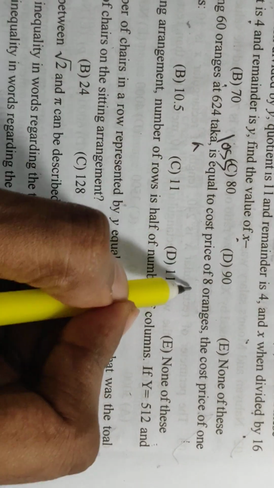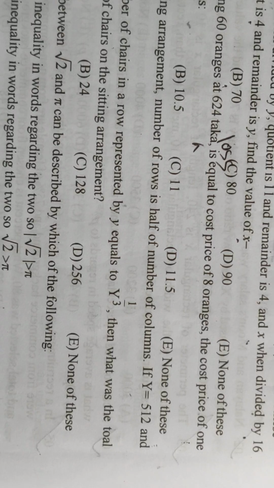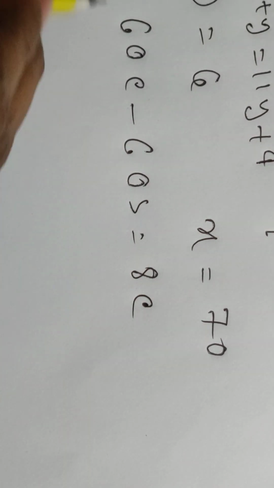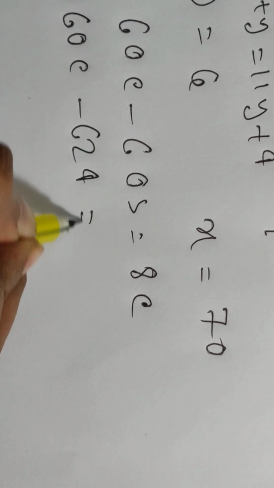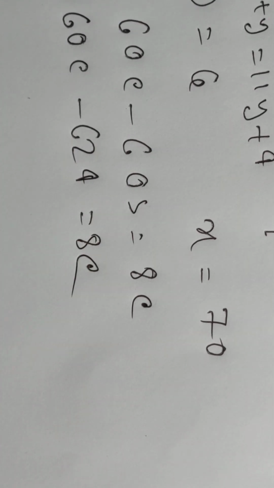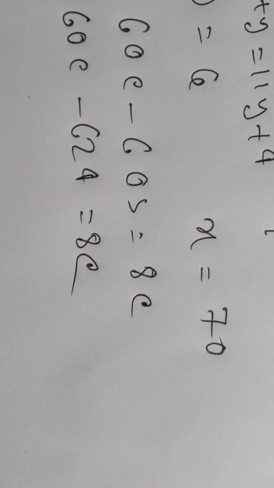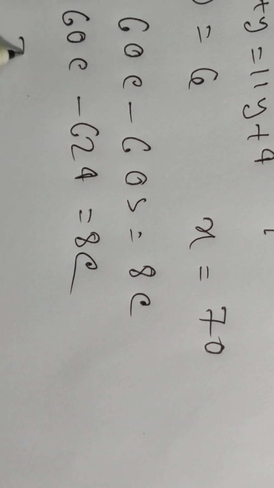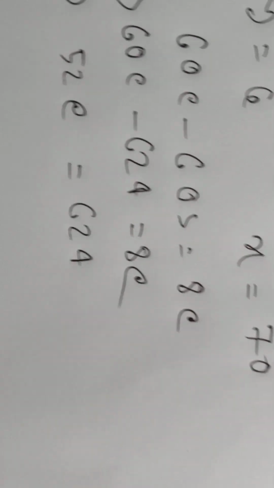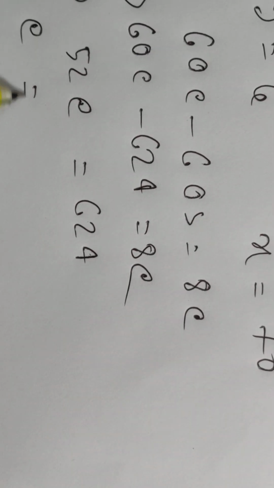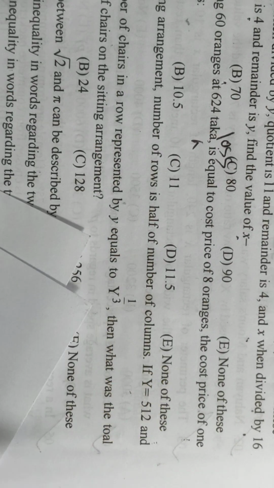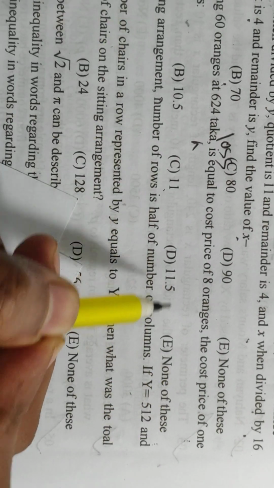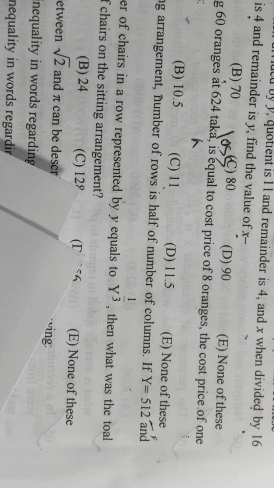Then we get the cost price of 12. So you need to get the cost price. The options are 10, 10.5, 11 and others, so the answer will be none of these.